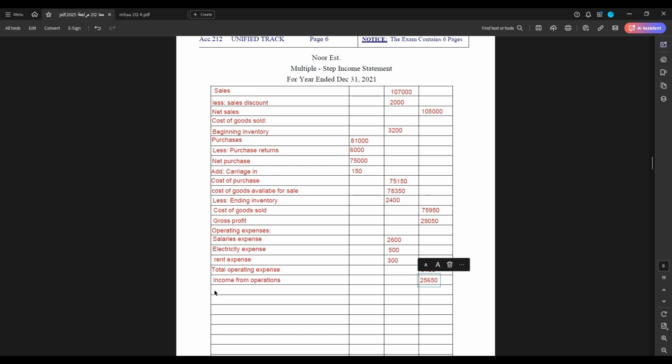Now we will record other expenses and losses.